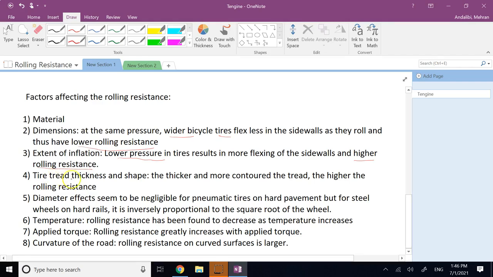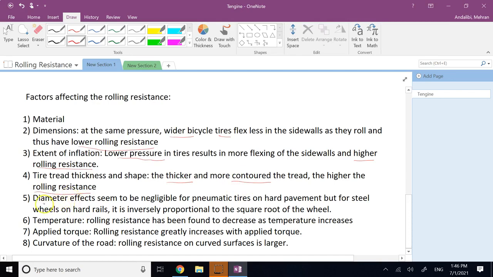Then we have tire tread thickness and shape. So if the treads are thicker and more contoured instead of simpler and narrower, then you will have higher resistance because they can penetrate more.